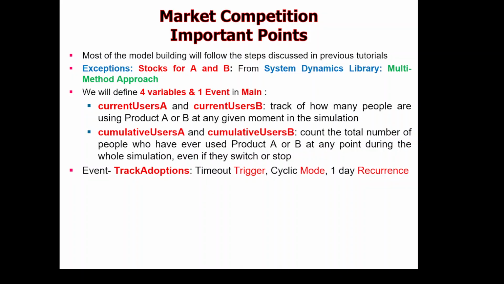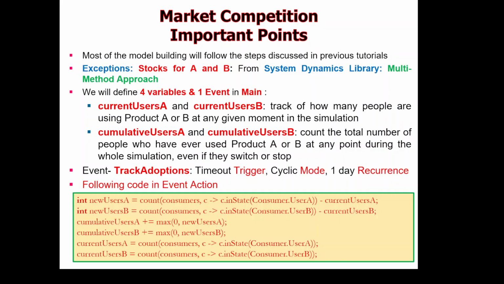So to track that adoption, we will define an event track adoptions, which will be triggered by timeout in cyclic mode, and it will have a 1 day recurrence. Okay. Now in the event action for this event, we will type this code. So it's a very simple code. I'll just explain it here.